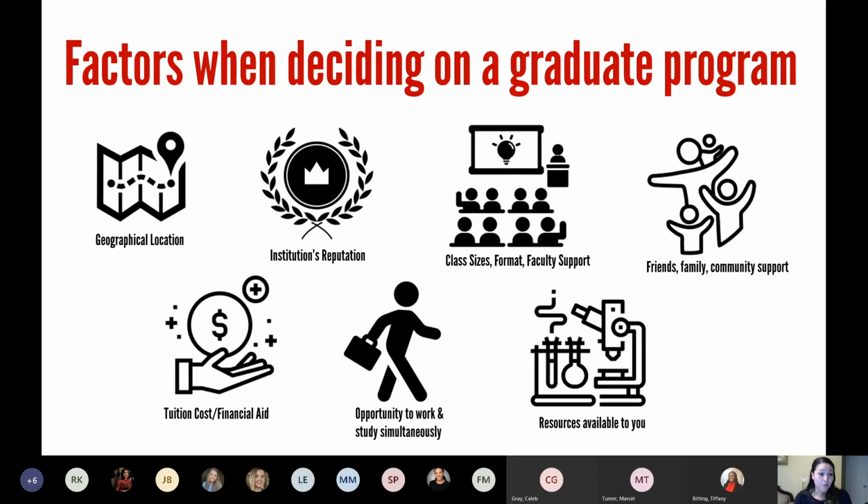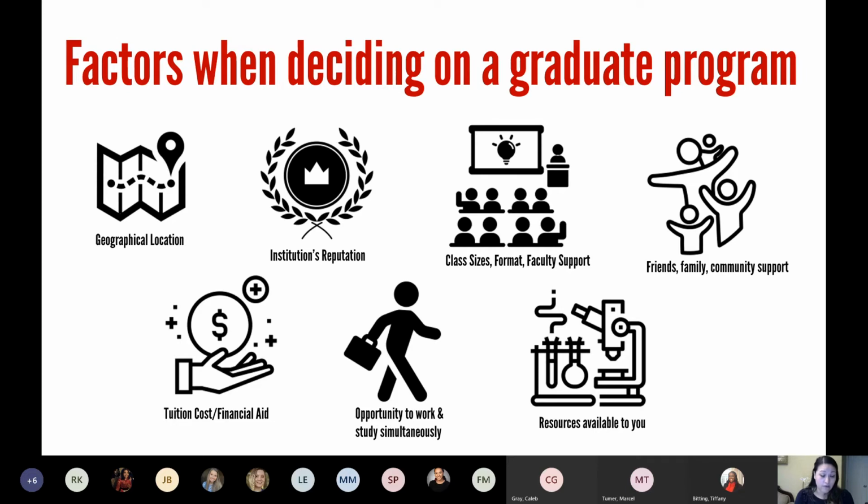And again, these are the top ones, but by no means the only factors, because as you start processing and evaluating the different programs, you will start to really think about, oh, this might be a great program because X, Y, and Z. Maybe you saw in the news that the program offers excellent internship connections or opportunities.